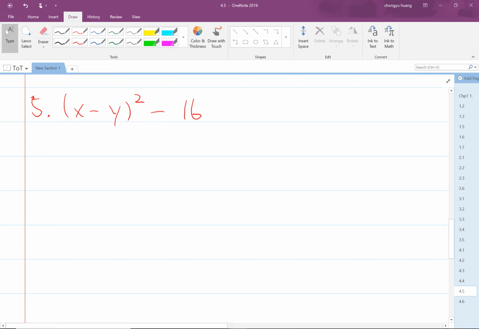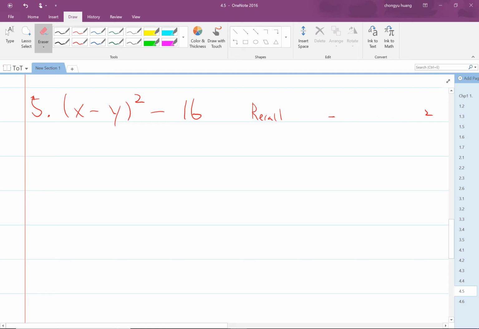Before we do this problem, I want to recall some of the properties. One property is that a plus b times a minus b is equal to a squared minus b squared. This is the property we're going to apply in this question in order to factor it out.